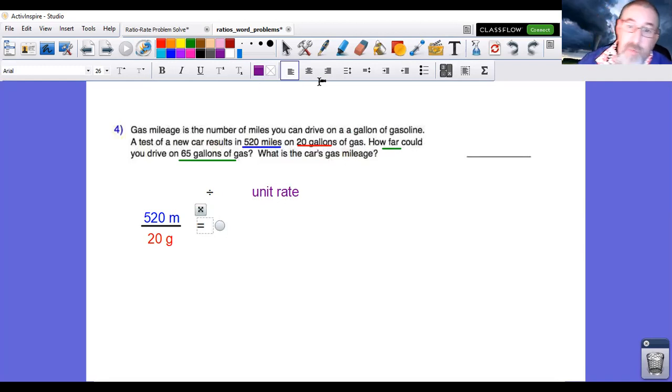So 520 divided by 20 equals 26 miles per gallon is our unit rate.